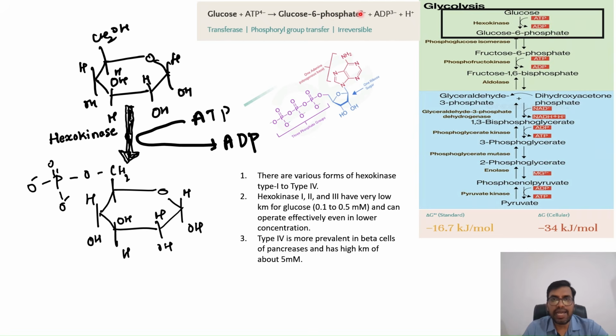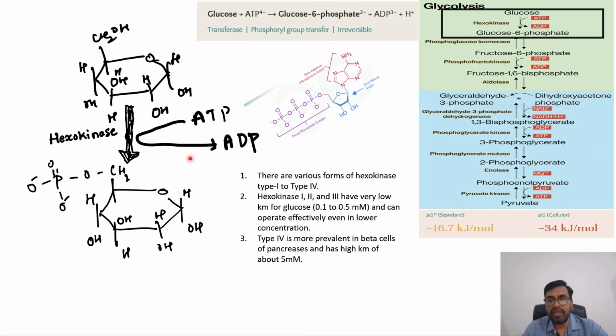There is a 2 minus charge on the glucose 6-phosphate. You can see here O minus 1, O minus 2, the 2 minus charges. So we write glucose 6-phosphate 2 minus plus ADP 3 minus. If this phosphate is gone, again there will be a negative charge here, so there are 1, 2 and 3 negative charges. That is what is written here: ADP 3 minus plus H plus.